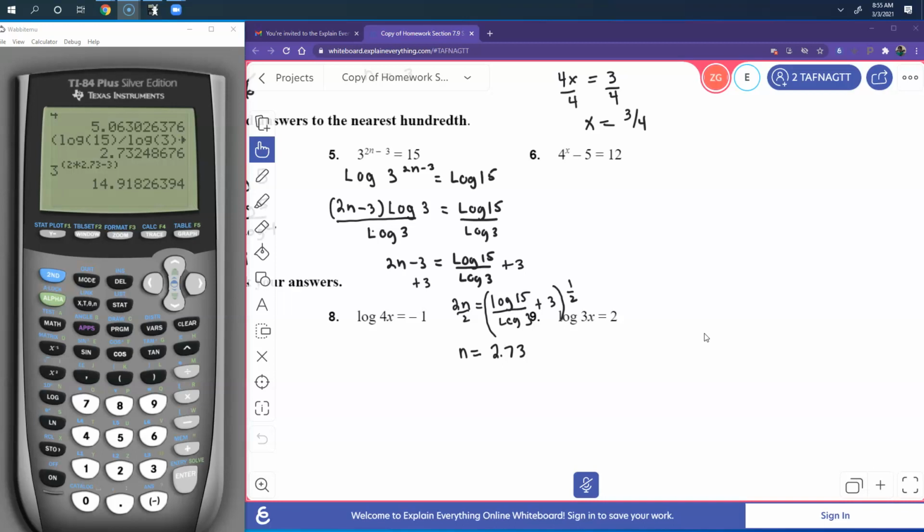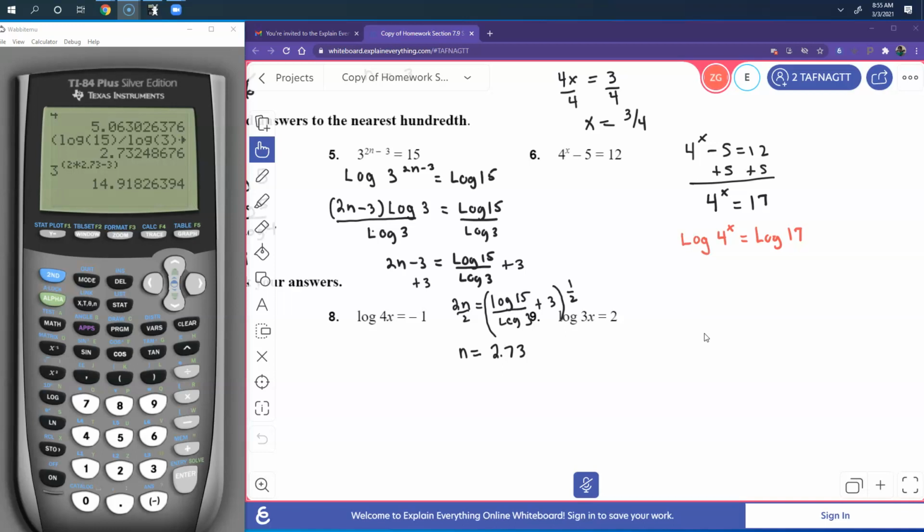So I have 4 to the power x minus 5 is equal to 12. So what I'm going to do first is I'm going to add 5 to both sides. So you have 4 to the power x is equal to 17. Now I'm going to introduce log to both sides. So you have the log of 4 to the power x is equal to the log of 17.